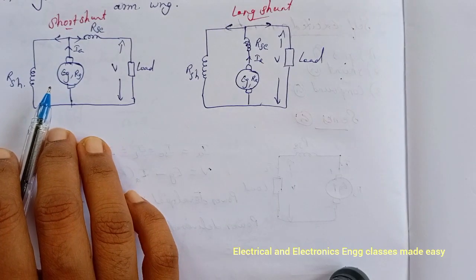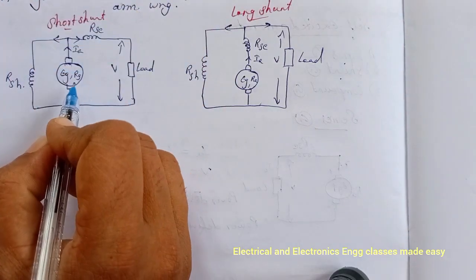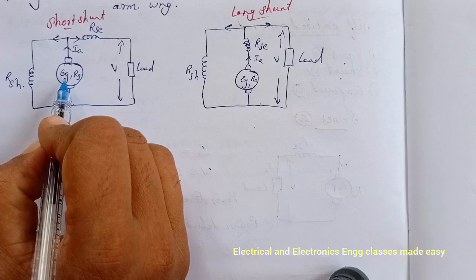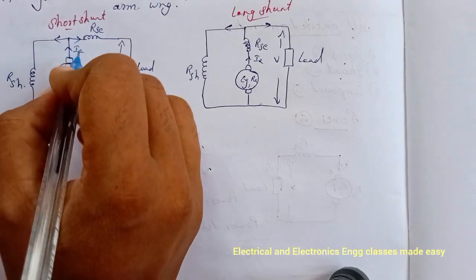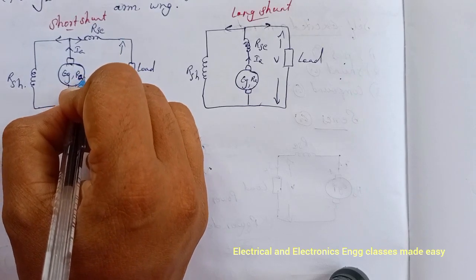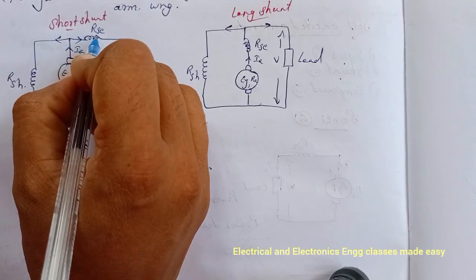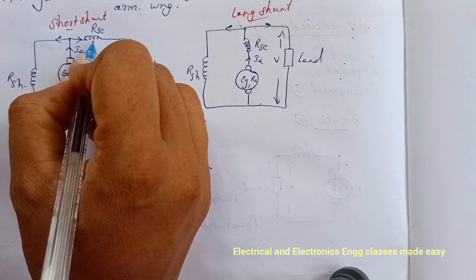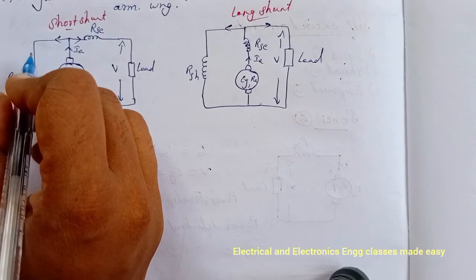So in the case of short shunt compound generator, EG is the generated EMF. So this is RA. RA is the armature resistance, IA is the armature current. Then RSC is the series field winding, RSH is the parallel or shunt field winding.